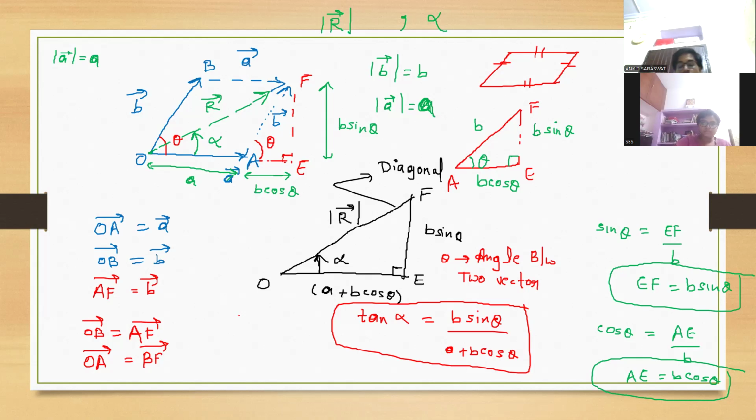Now our objective is to find this mod R. Clear? Then how to find this mod R? Have you written this? This is the parallelogram law of vector addition.